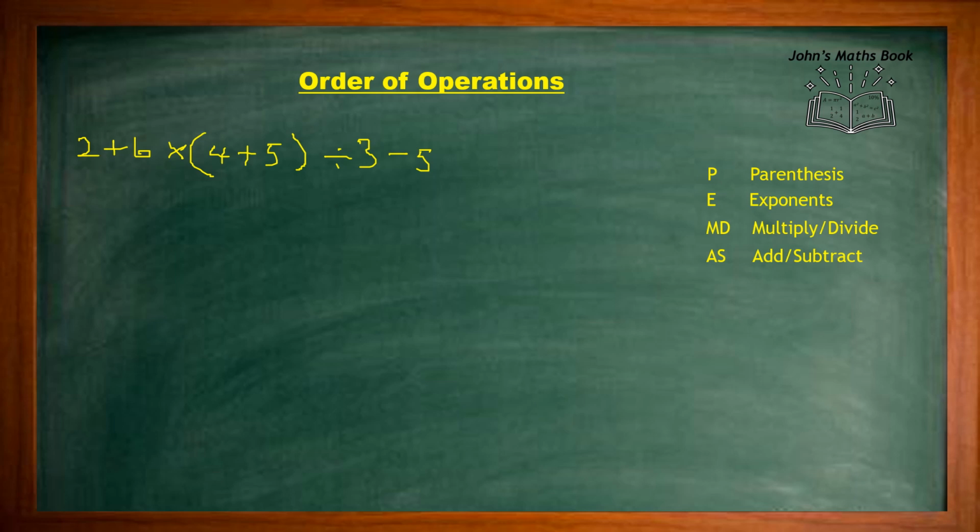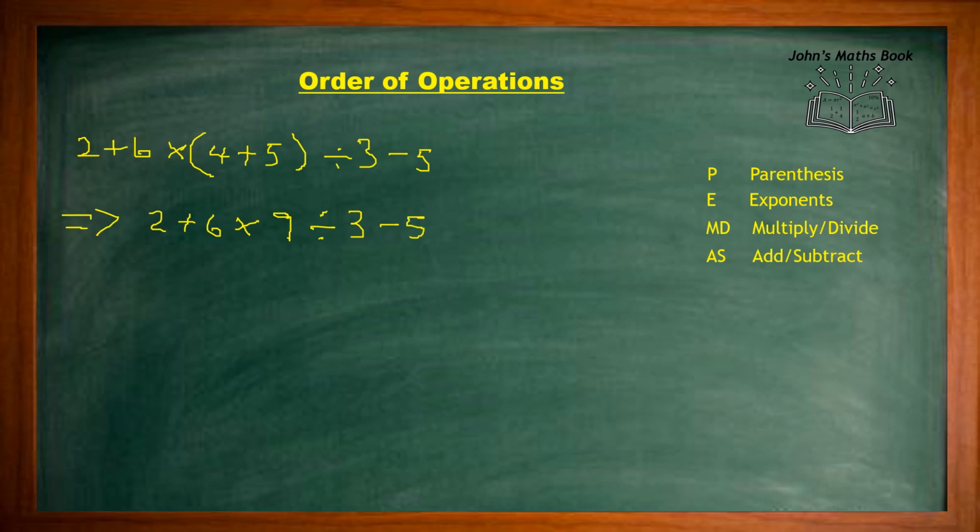So our rules say we do the brackets or the parentheses first. So this will give 2 plus 6 times 9, because 4 plus 5 is 9 in the brackets, divided by 3 minus 5.